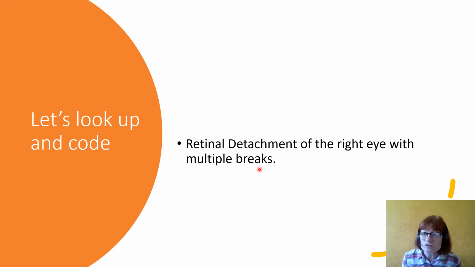Multiple breaks further describes those conditions. So those are never going to be main terms. You might find a body part in the index, but it will not have your code underneath it next to a subterm. It will always redirect you. So your main term will always be that word in bold where we ultimately found our code.